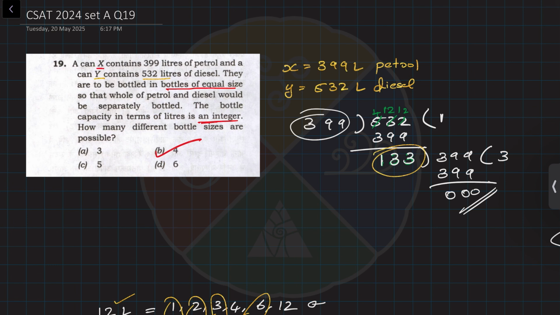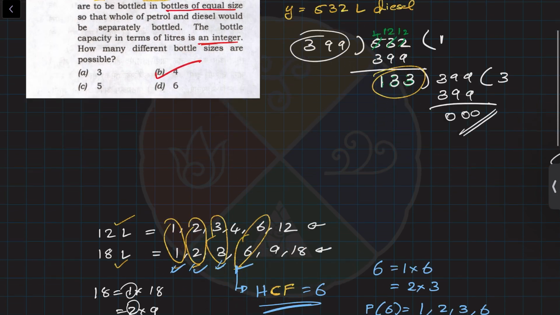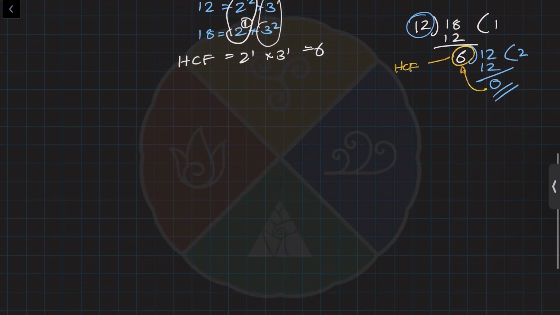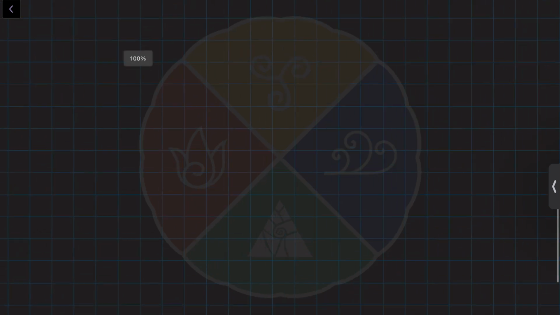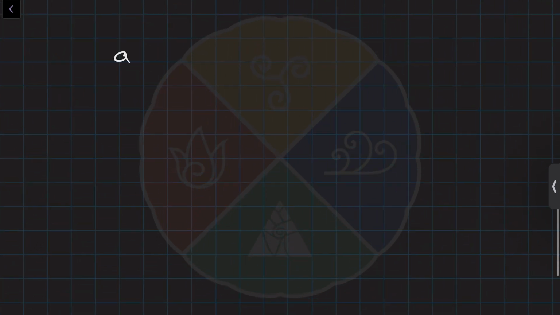Now I'm again going to say some more theories, some methods of finding HCF, and also the number of factors. So let's assume that I have 3 numbers, A, B and C, and the numbers are 2 square into 3 cube into 5.